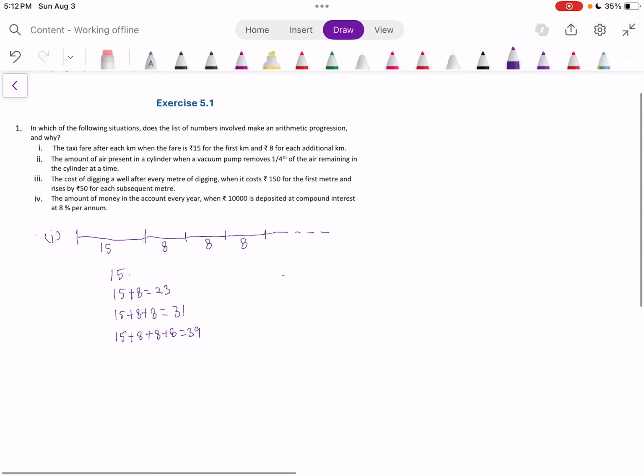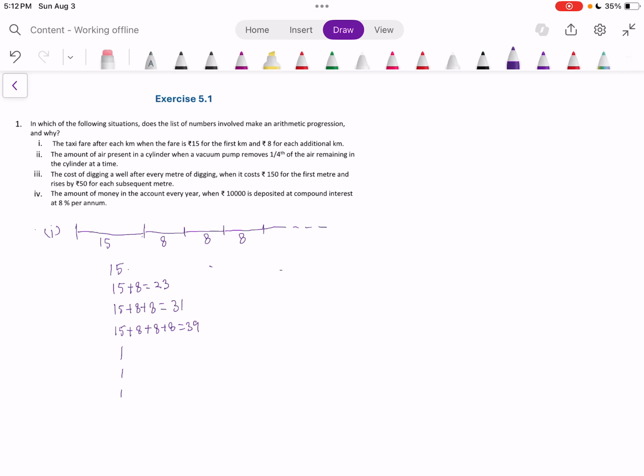And you can go one more and one more until you get to your destination. But I want to go until 4. So the numbers here are 15, 23, 31, and 39, and so on.